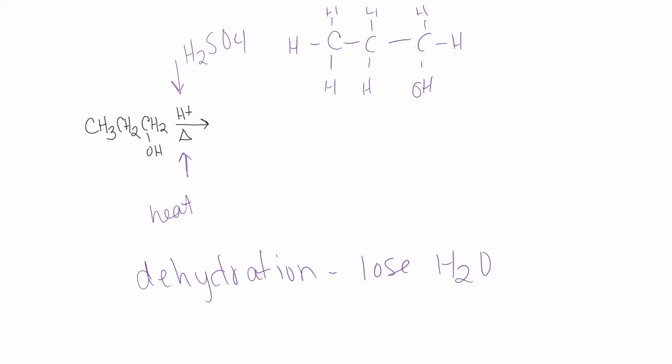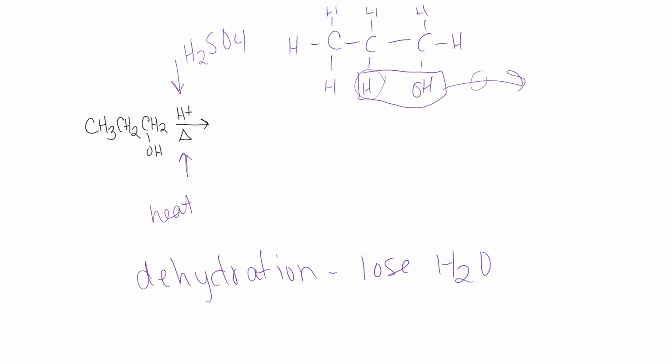Okay, so what's going to happen in the presence of my strong acid and heat is I'm going to remove 1 hydrogen from 1 carbon and a hydroxyl from another carbon. Now, if this were a longer chain, I would have to decide, do I take this hydrogen or do I take a further hydrogen? But because it's on the end, I don't really have a choice. I have to take this hydrogen that's right next door.